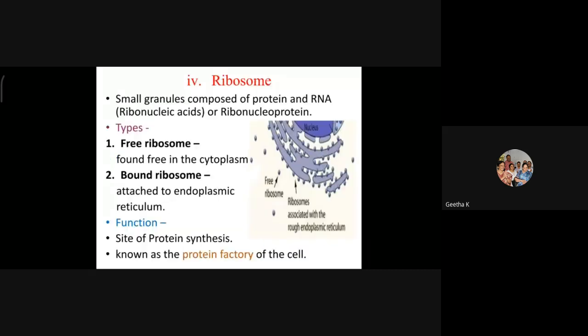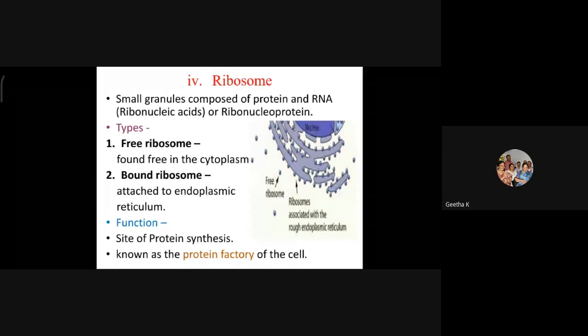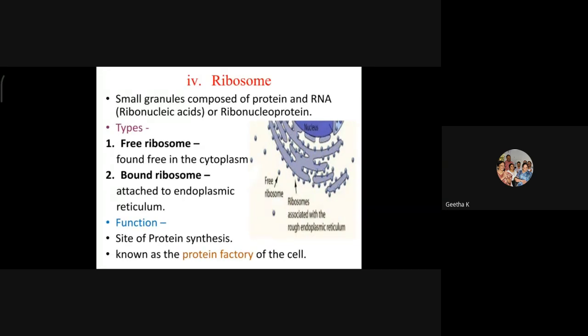Now, ribosome. I have mentioned ribosomes earlier too. What are ribosomes? Ribosomes are small granules composed of protein and RNA, ribonucleic acid. They are very small granules. You can see here in the picture, these rounded small granules are ribosomes.